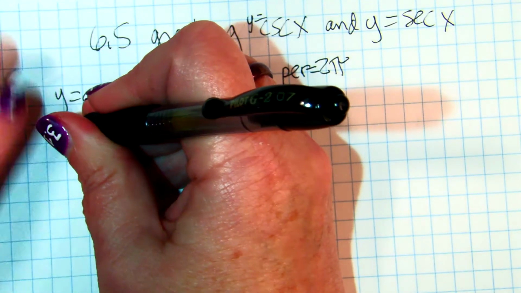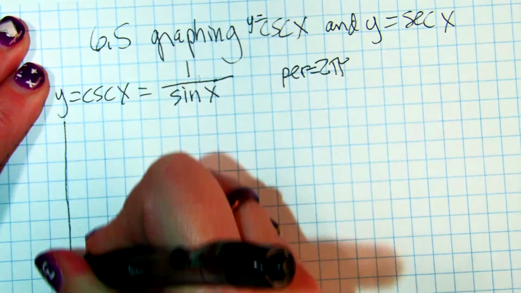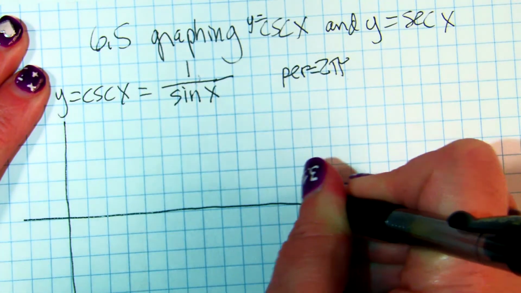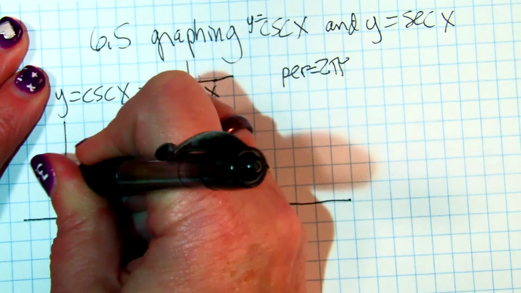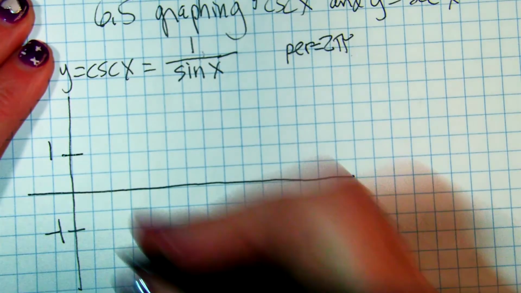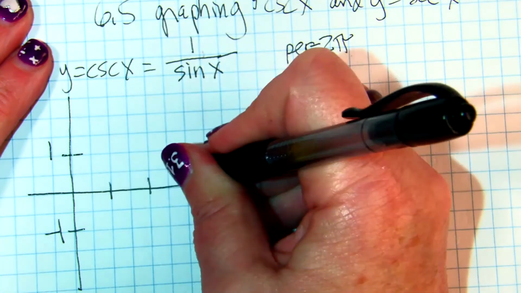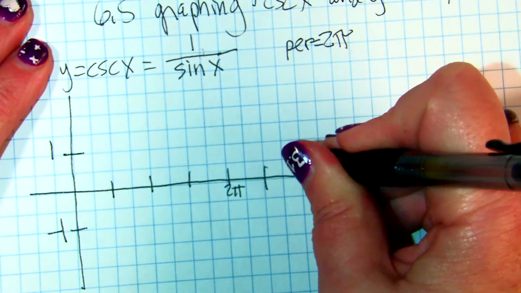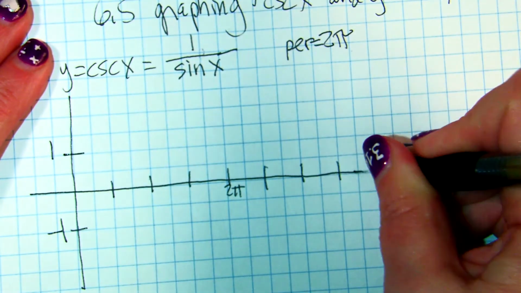So you draw your lines, your y-axis. We're going to do 2 cycles or 2 periods. We're going to go up to 1 and down to -1. That's 2 pi. That's 4 pi.